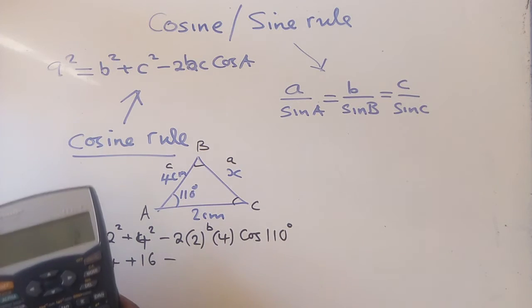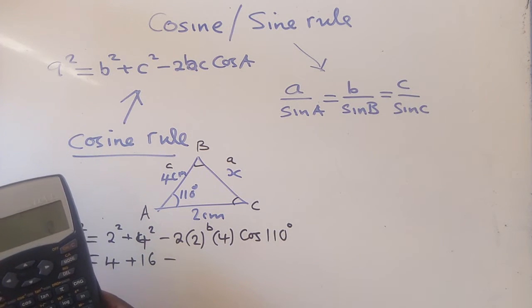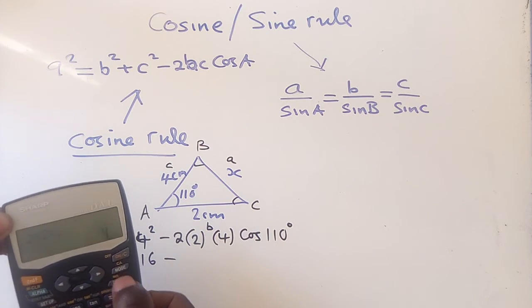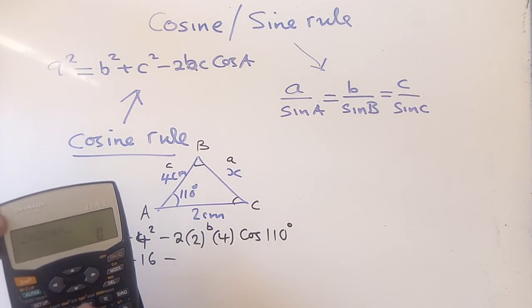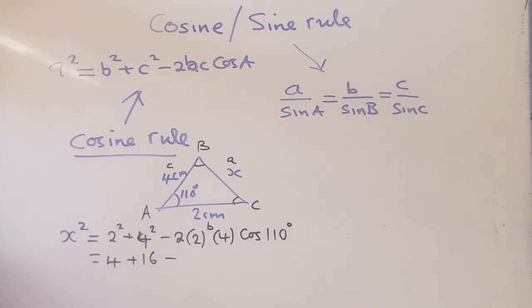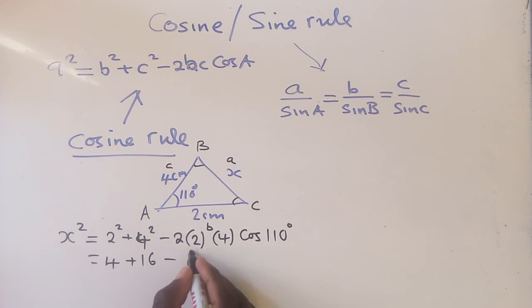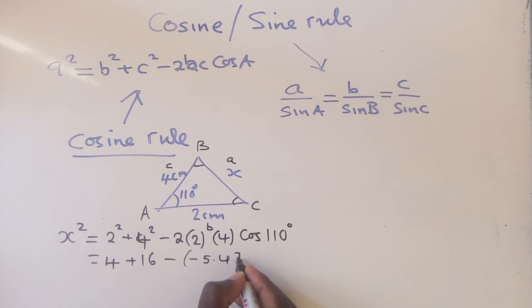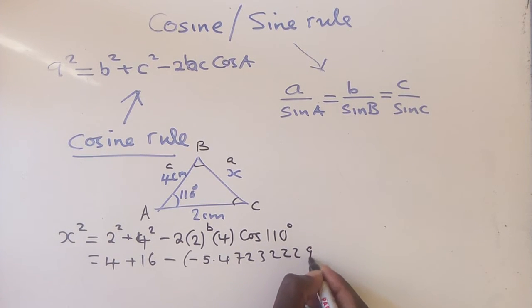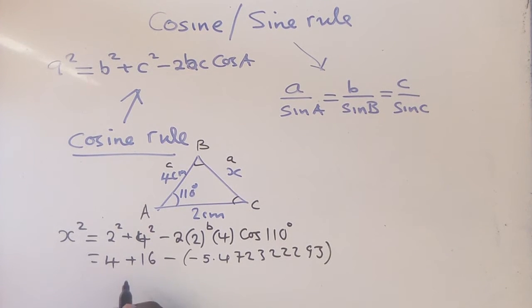So 2 times 2 times 4 times cos 110 degrees gives negative 5.472239293.